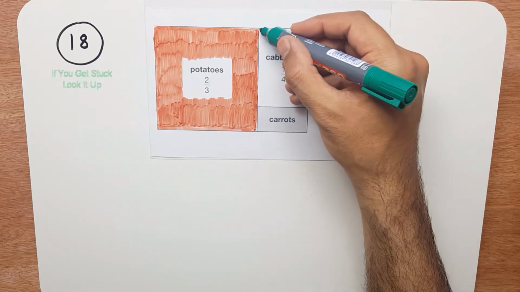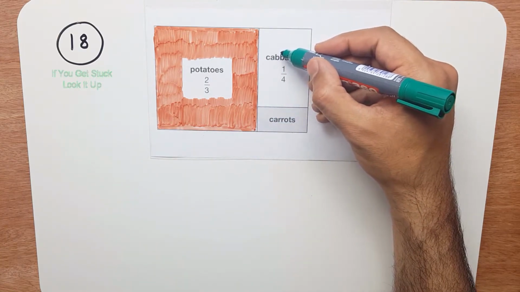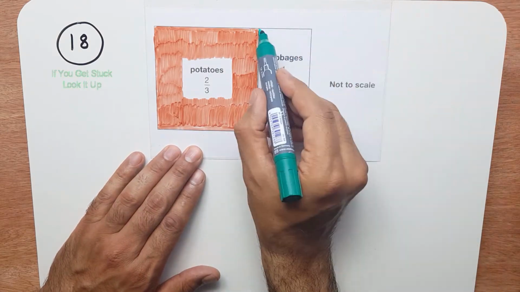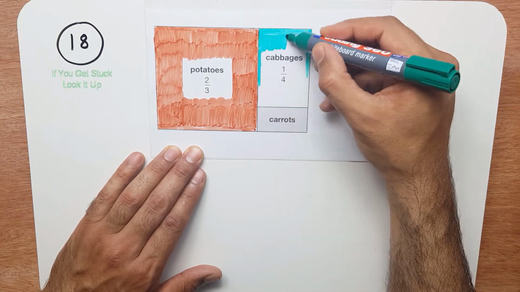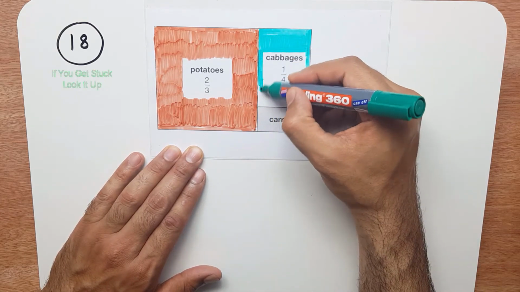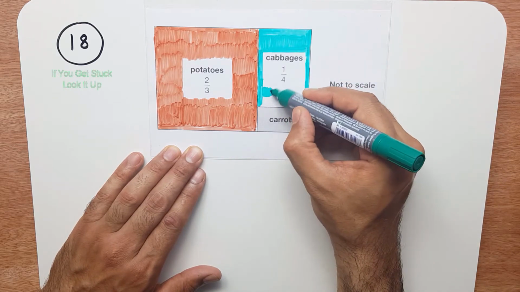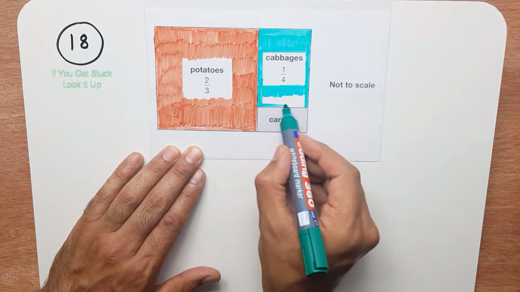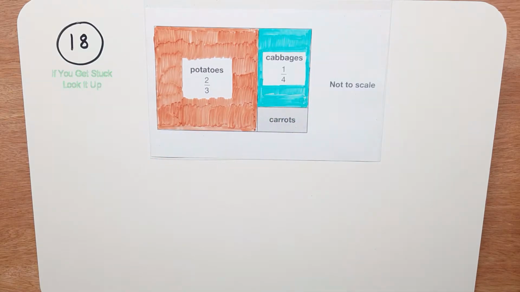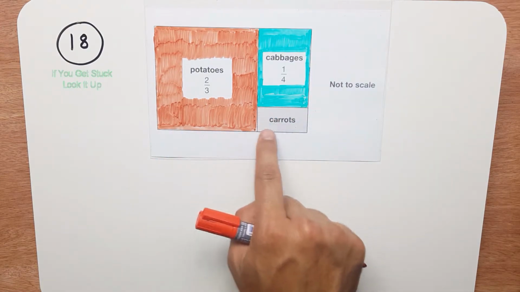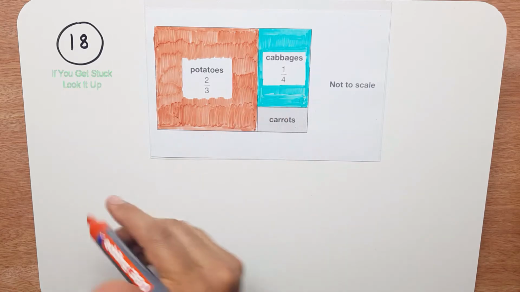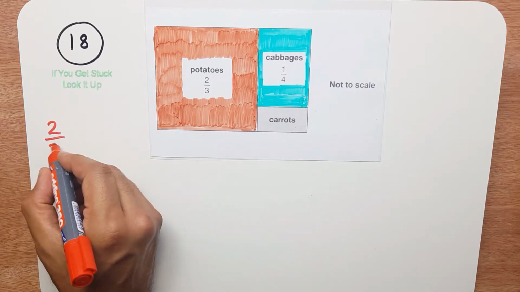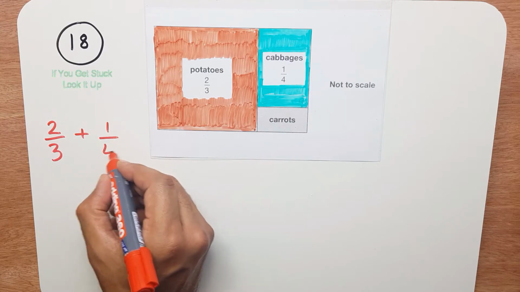And 1/4 of the garden, they grow cabbages. And now we want to know what fraction of the garden they grow carrots in. So our first step is to add these two. So we need to add 2/3 to 1/4.